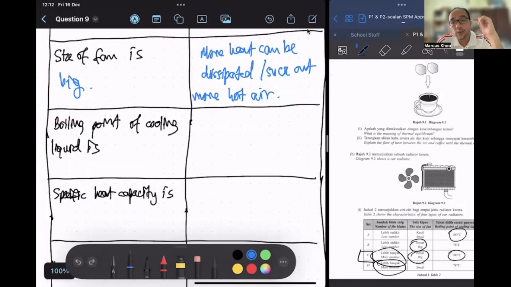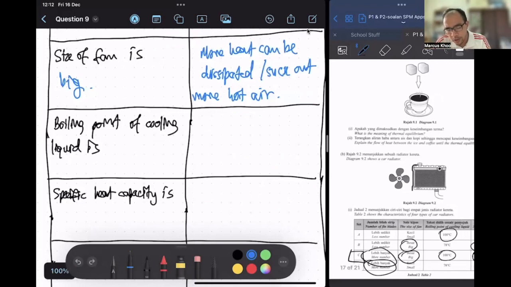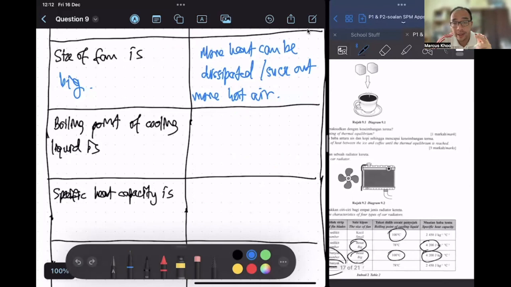Okay, this is what I want to mention because based on our trial exam, I noticed that there are still a lot of people who are making this very rookie mistake. Yes, I want the answer to be 100 degrees Celsius. There are only two choices. It's either 78 degrees Celsius or 100 degrees Celsius. But we have learned from other people that whenever you answer a question like this, don't mention the value. So the boiling point of the cooling liquid is high.